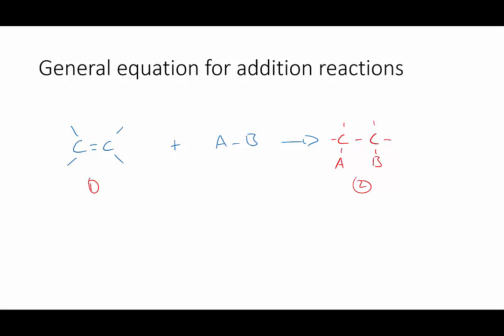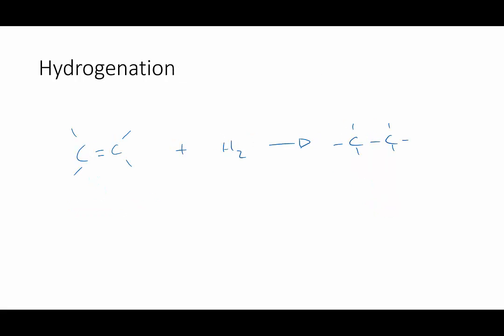Number one is unsaturated. Number two is saturated. That's all there is to it. AB is added across the double bond, but for A and B to make a bond, we need to break a bond, so the pi bond of the double bond breaks. So let's talk about a specific example.